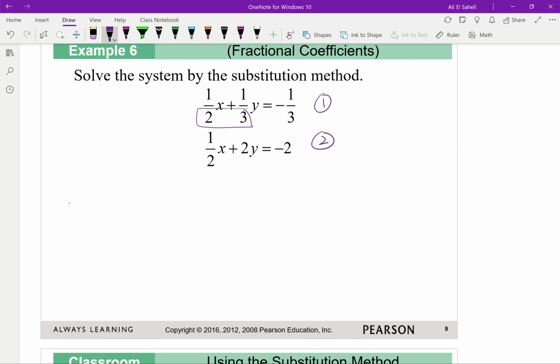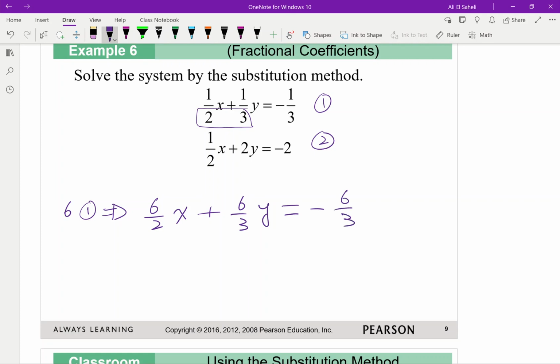So 6 times equation 1 will give 6 times half x. 6 over 2 is 3. So 6 over 2 x plus 6 over 3 y. Don't forget to multiply the right side, 6 over 3.